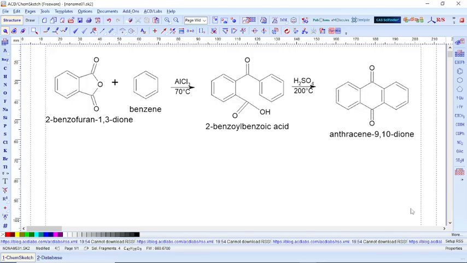Now, the last question I would like to share with you is this: can this reaction calculator understand two reactants and two products?